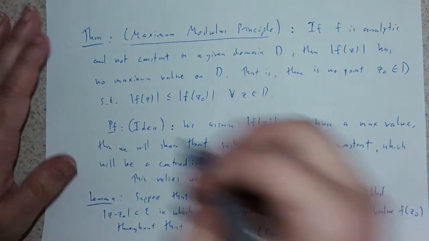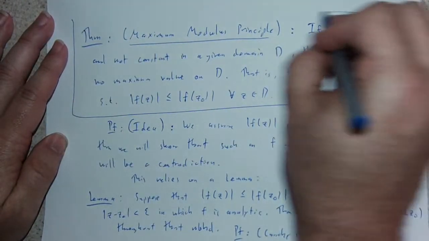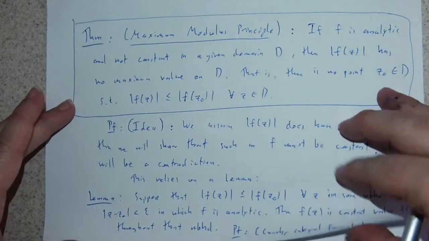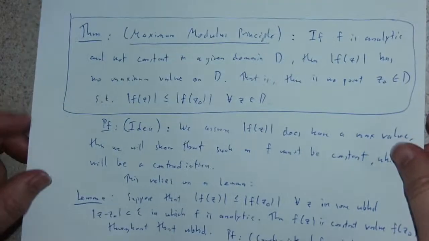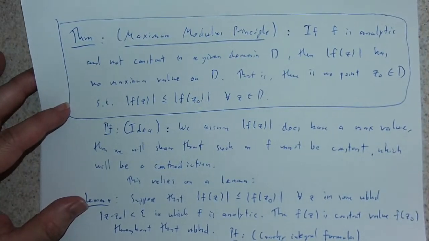Now, what is an application, say, of the maximum modulus principle? How does this relate to what we know about when functions are guaranteed to have, say, maxes on some set?